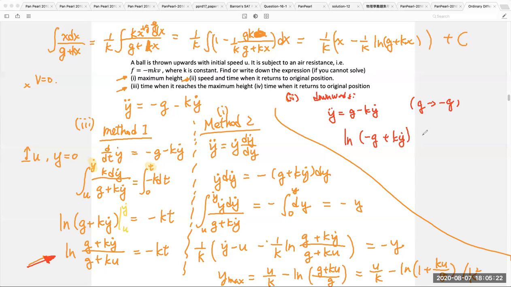We can start from here, okay? And then you need to change the range of the variable, so it starts from 0 to y dot here.